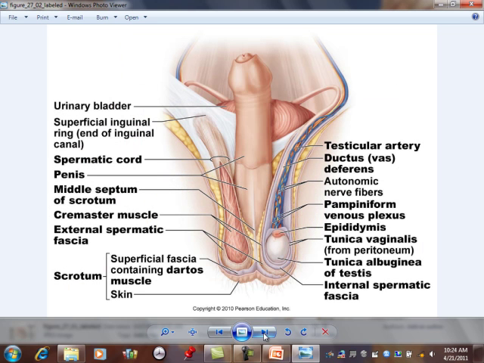Closer look then at cross-section of the male's reproductive system. How many testes does a male have? 2. We're going to see that females also have 2 places where they make their reproductive cells, ovaries.